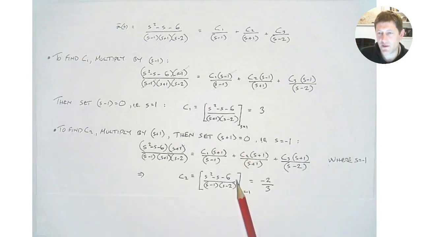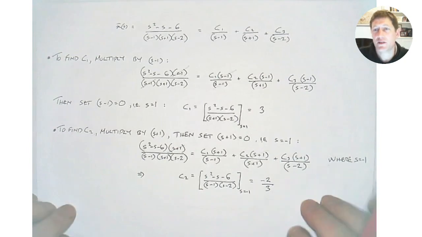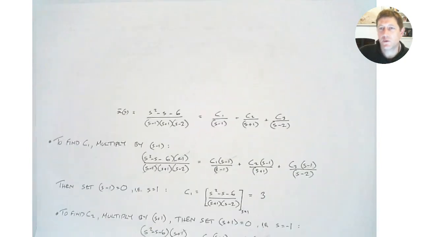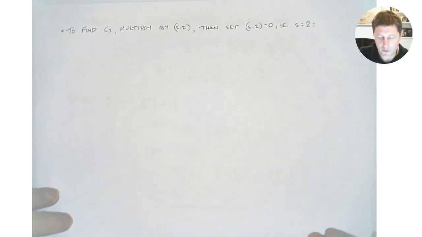So we write that out, we substitute in our particular value of s equals minus 1, and here we find that C2 is equal to minus 2/3. So this is such a simple method that works very nicely for this case where you have all different roots.